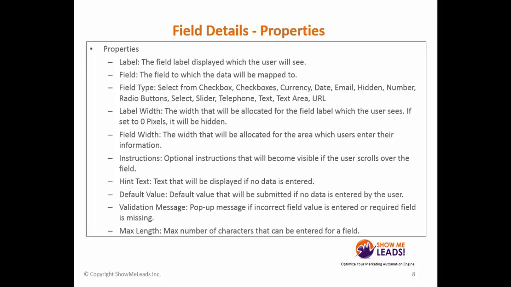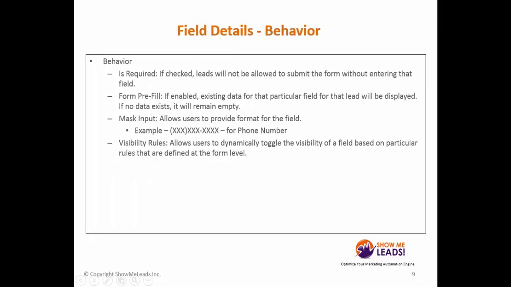Below properties are the field behavior. You can check is required so that leads will not be allowed to submit the form without entering a value for that field. You can enable the form prefill so that existing data for that particular field, for that particular lead, will be displayed. If no data exists, it will stay empty. You can also mask the input for a field.